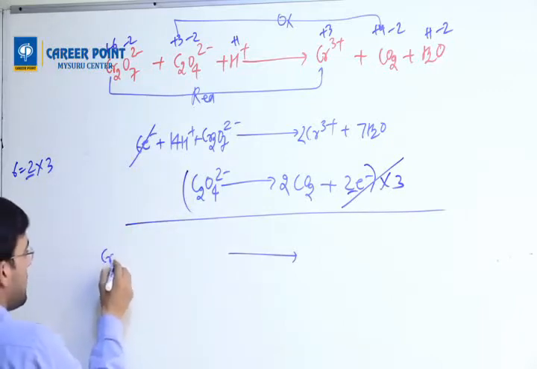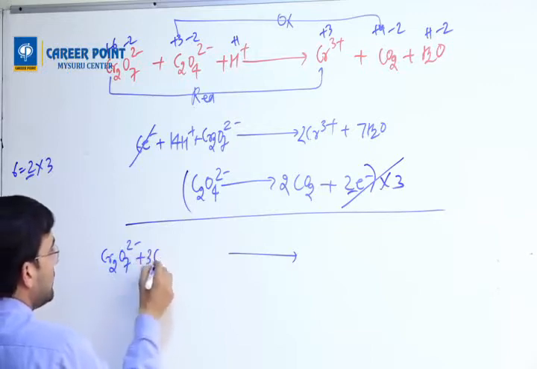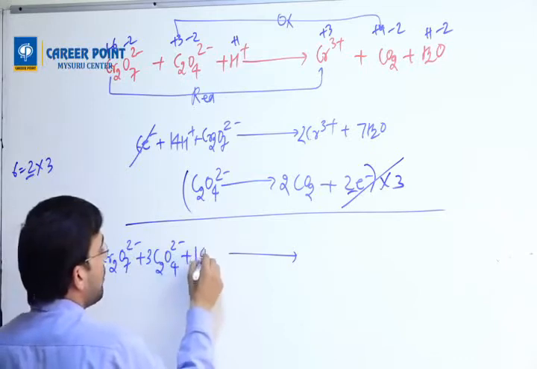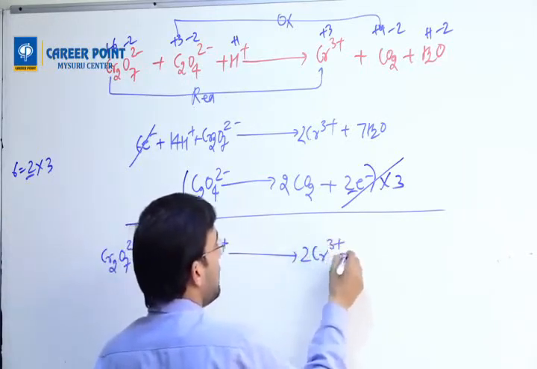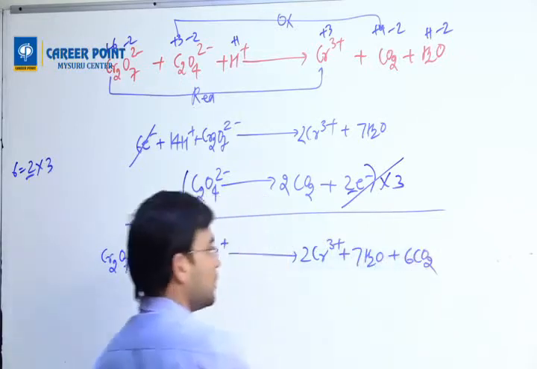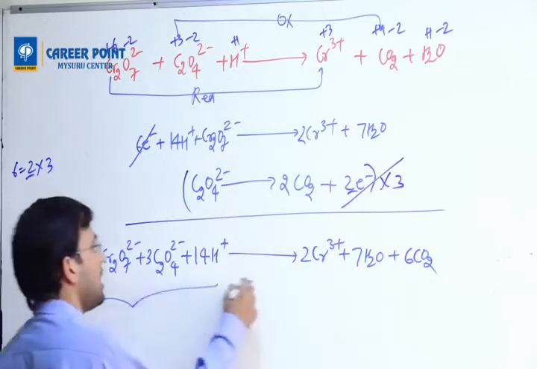So that goes: Cr2O7 2 minus plus 3C2O4 2 minus plus 14H plus gives rise to 2Cr3 plus, 7H2O plus 6CO2. Now verify. You can directly verify with the charge.